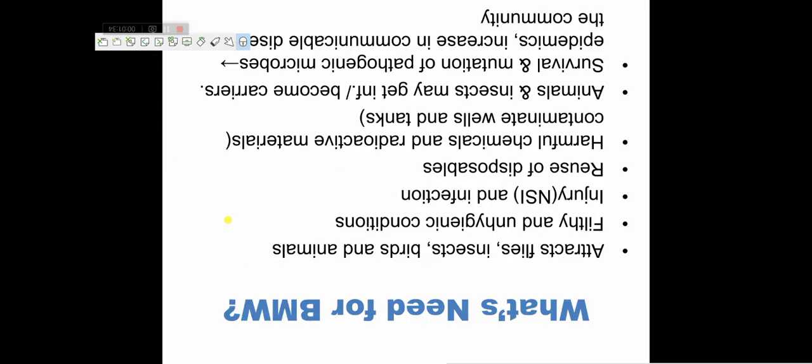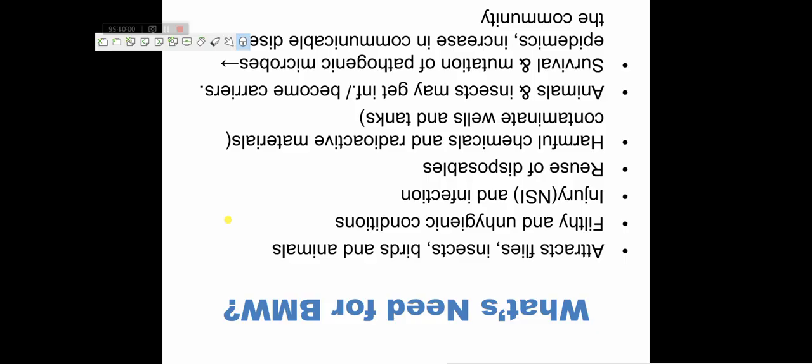Now what is the need for BMW, like why do we manage our biomedical waste? BMW is biomedical waste management. So what is the need for it? Basically there will be flies, insects and birds attracted to that waste.